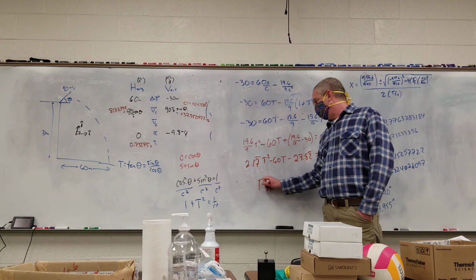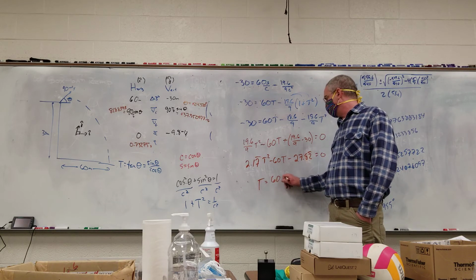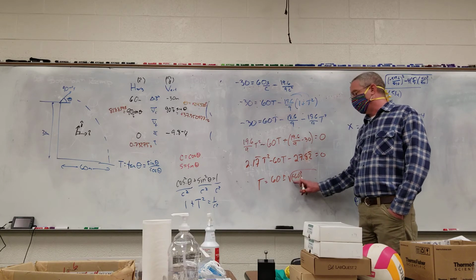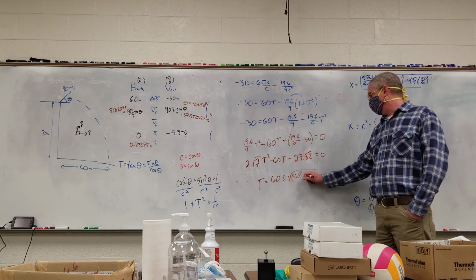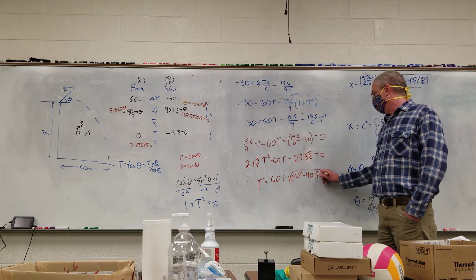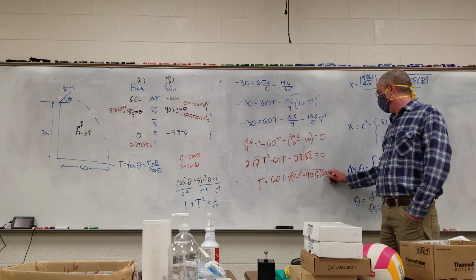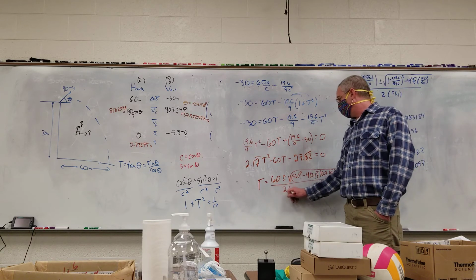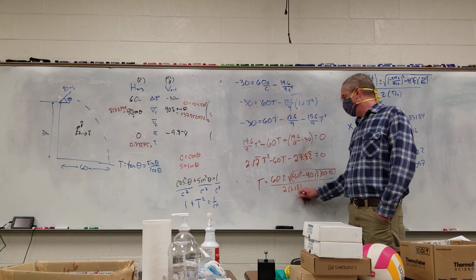So my tangent is 60 plus or minus the square root of negative 60 squared. Again, the minus sign is going to go away when I square. Minus 4 times 2.17 repeating times 27.82 repeating, over 2 times 2.17 repeating.